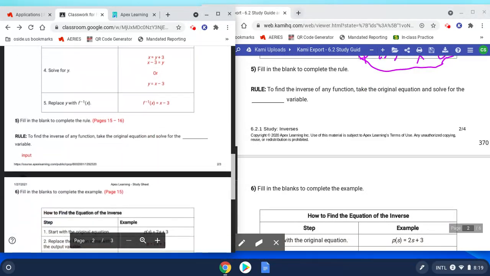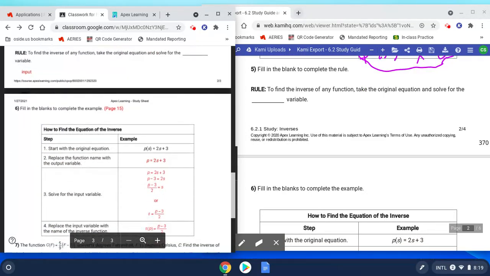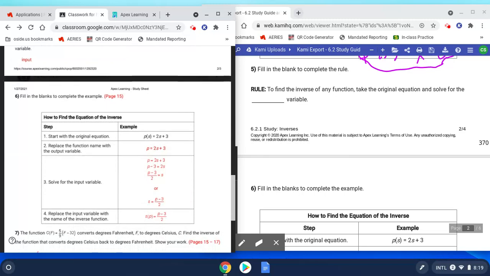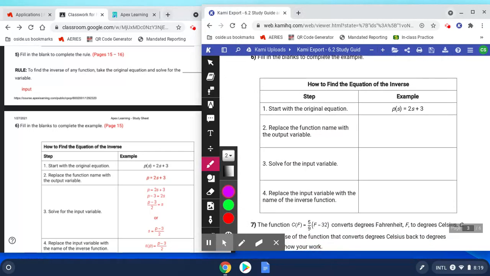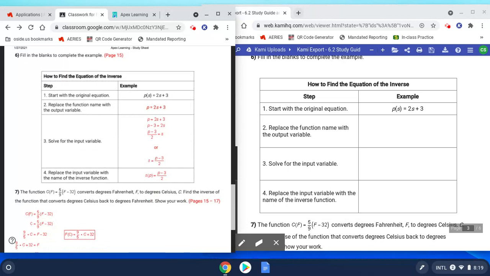To find the inverse of any function, take the original equation and solve for the input variable. So in this next example, it's not an x and a y.